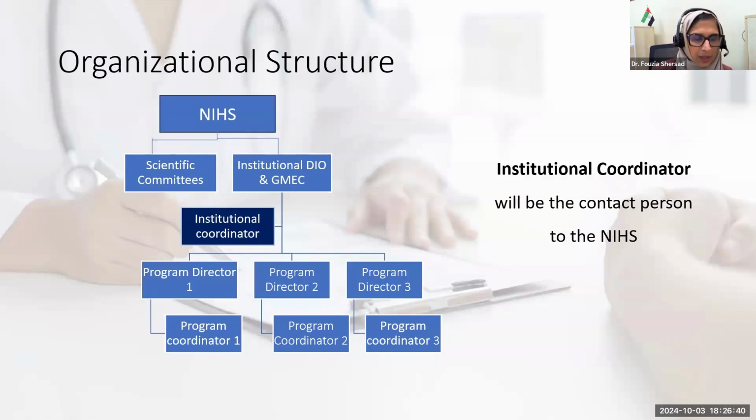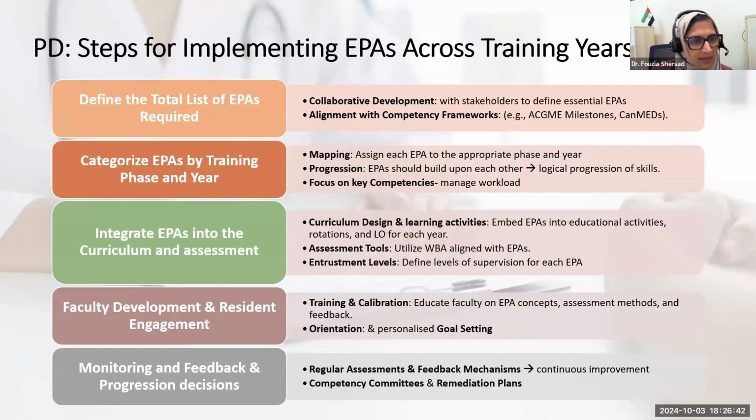Now going to the next slide, we have put some steps for implementing EPAs at an institutional level. Dr. Theodora has clearly said how each person's responsibility at every level is different. When it comes to the PD, the PD takes all the responsibility, and the PD has to define at the beginning the total list of EPAs required for this specialty.